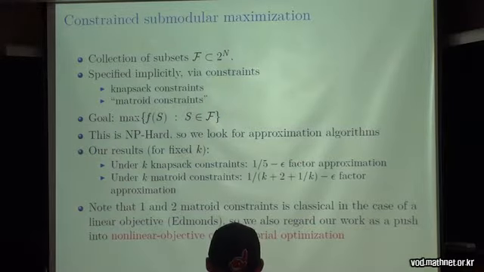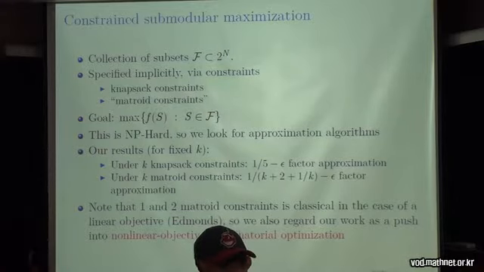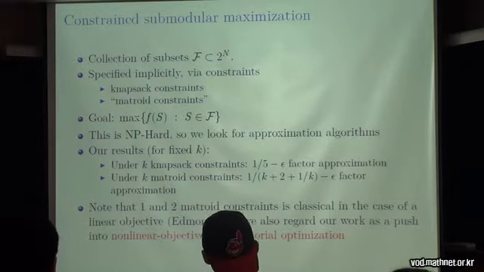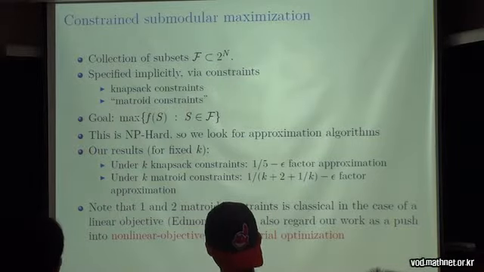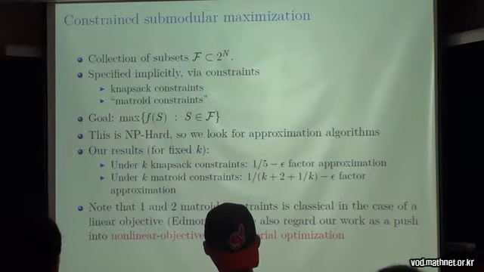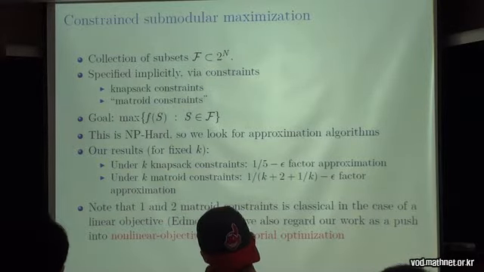This generalizes the idea of trying to maximize a linear function over two matroids. We look at k matroids, we ask for less, we just want to get within a constant factor, and we have a much more complicated objective function.